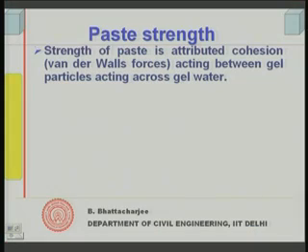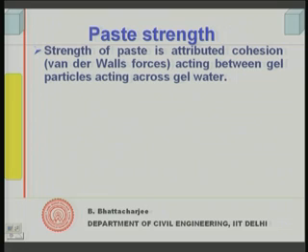Perhaps both are effective, but this is quite often considered as a strong force in determining the strength of paste and strength of concrete. So, right now we are trying to look at the strength of paste, and then we will look into the interface, that is ITZ, and then we can look into the overall concrete.